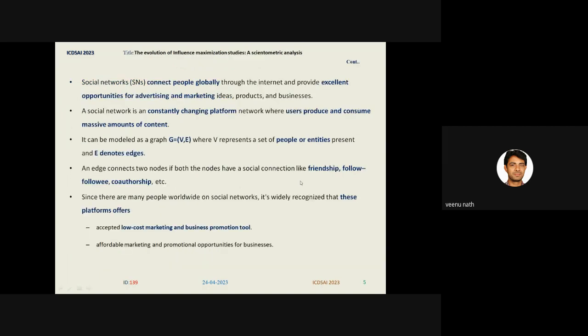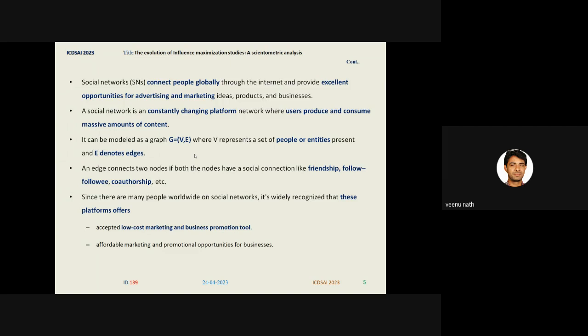Social networks connect people globally through the internet and provide excellent opportunities for advertising and marketing ideas, products, and business. With the help of social networks, we can share ideas, products, and business. It is a constantly changing platform that regularly produces and consumes a massive amount of content.